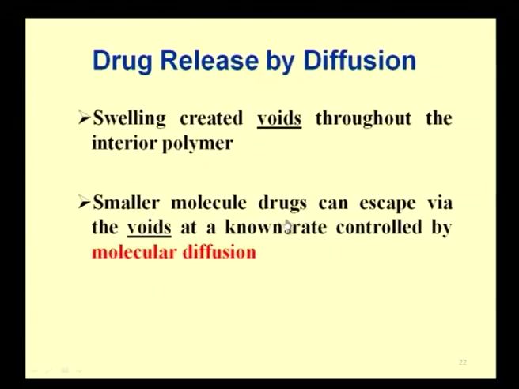The smaller molecular drugs existing inside the polymer can escape via these voids at a known rate that is controlled by the molecular diffusion. This kind of diffusion, which you call molecular diffusion, releases the drug into the body system.